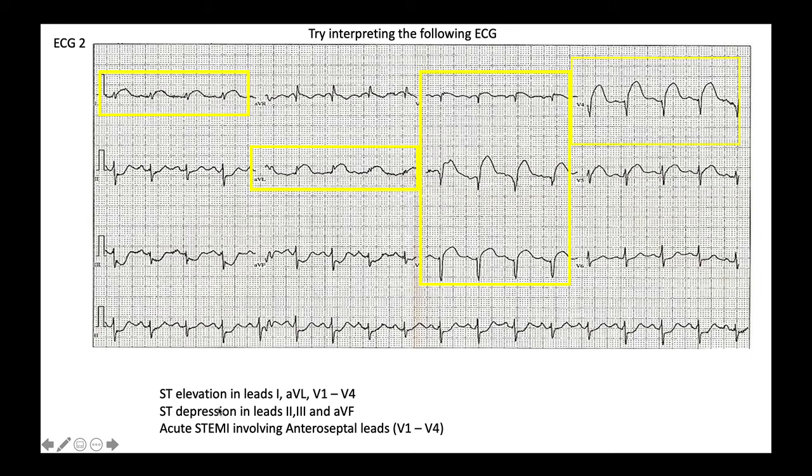So it's probably an acute anterior wall MI, anteroseptal with high lateral, because the high lateral leads are also involved, and we see the reciprocal changes in 2, 3 and AVF.